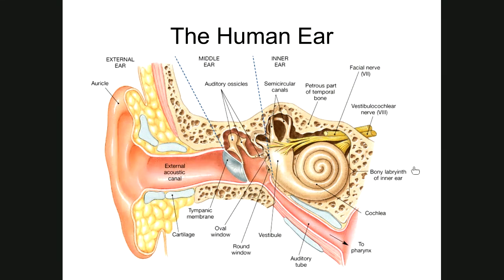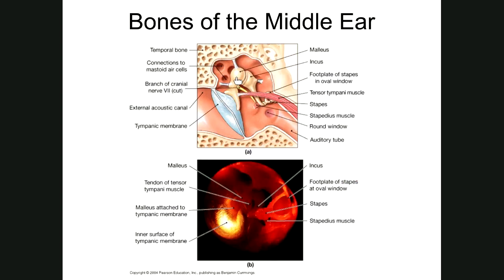Malleus, incus, and stapes, you can see them right here. Tympanic membrane, there's the malleus, the incus, and the stapes. It does look like a stirrup. See down here? It does look like a stirrup on a saddle. The 3 bones. The incus in turn attaches to the stapes, which fits on the oval surface to the oval window.